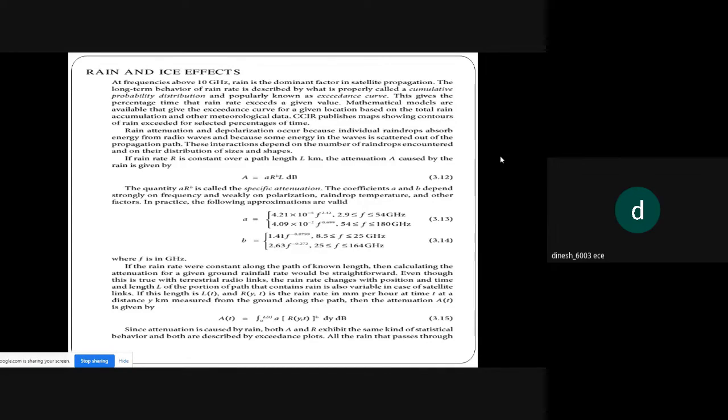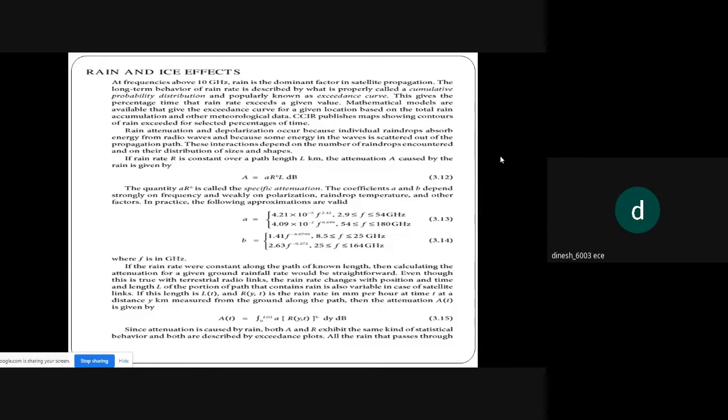It is 4.21 into 10 power minus 15. And if it is between 54 gigahertz to 180 gigahertz, it is 4.09 into 10 power minus 2. Its polarization of frequency values at the top. F is the frequency in gigahertz.